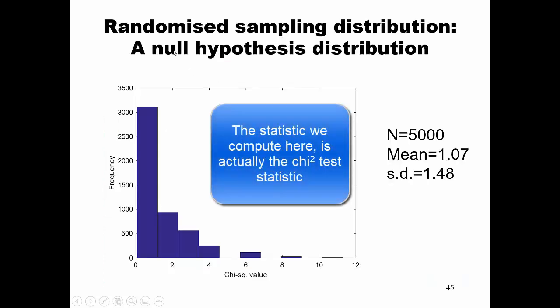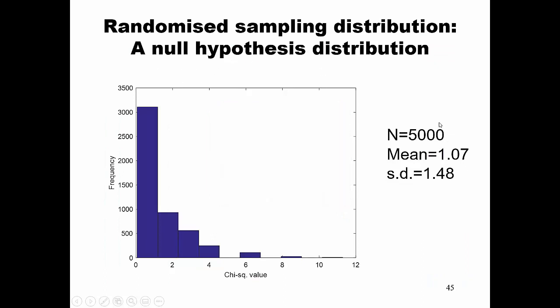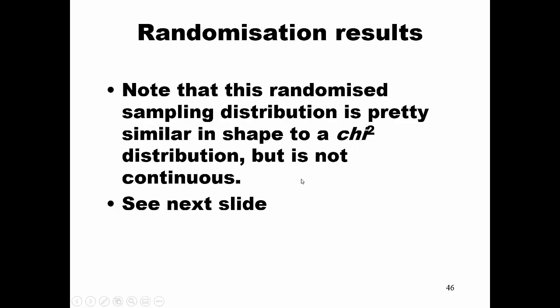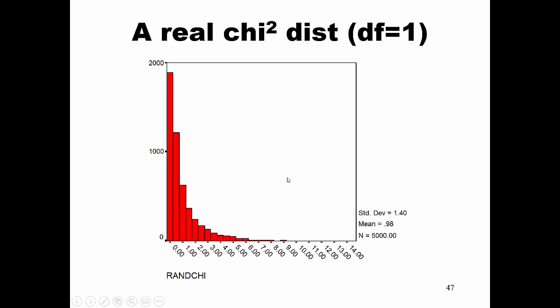And this is what the randomized sampling distribution, which is a null hypothesis distribution, looks like. We did 5,000 resamples here. It looks pretty like a chi-squared distribution. We calculate the chi-squared statistic here. We note that this randomized distribution is similar to a chi-squared distribution with 1 degree of freedom, but it's not continuous, whereas a chi-squared distribution itself is continuous, and it has pretty similar statistics to the statistics for our resample distribution.